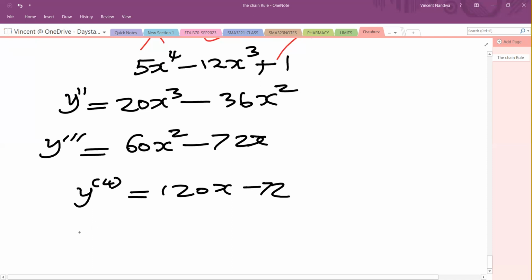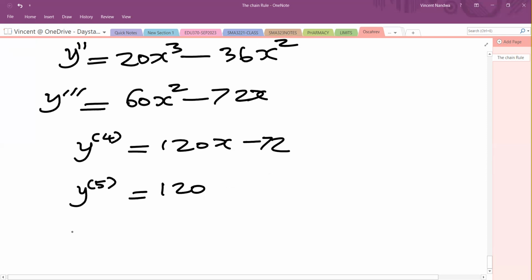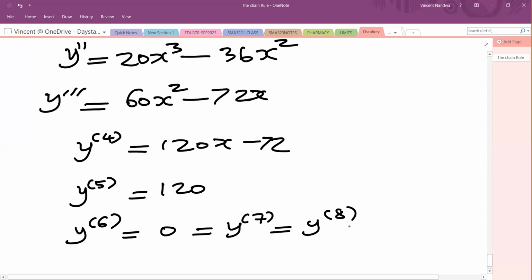And then fifth derivative, 120. Sixth derivative, zero. And then this follows that the rest of the derivatives will still be zero, all the way up to the nth derivative. All this will be zero. Okay.